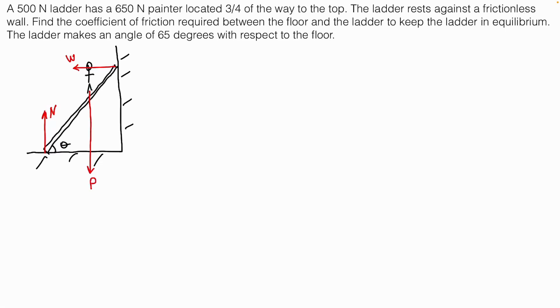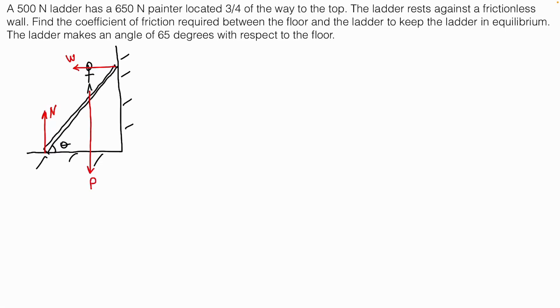Which way does the ladder want to go? It kind of wants to fall out this way, right? And so the ladder is pushing down and which way on the floor? Away from the wall, right?